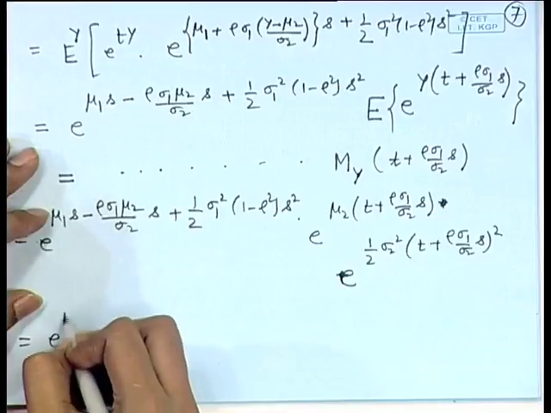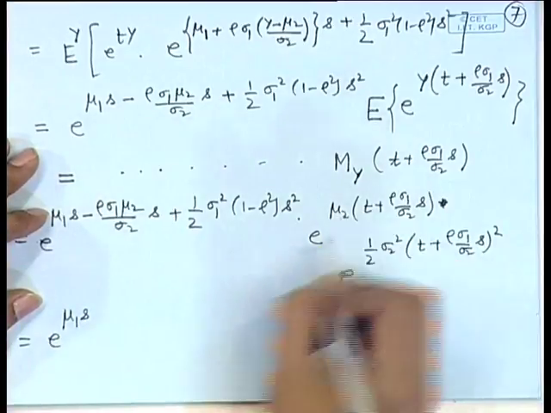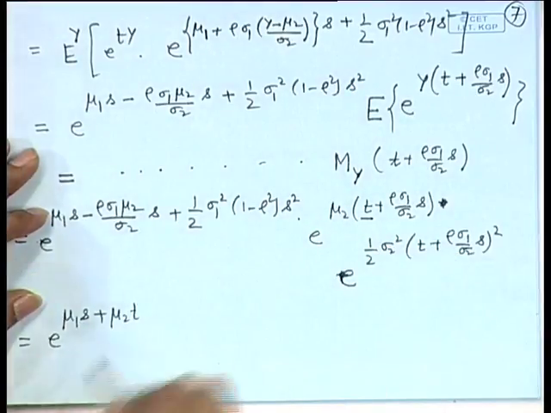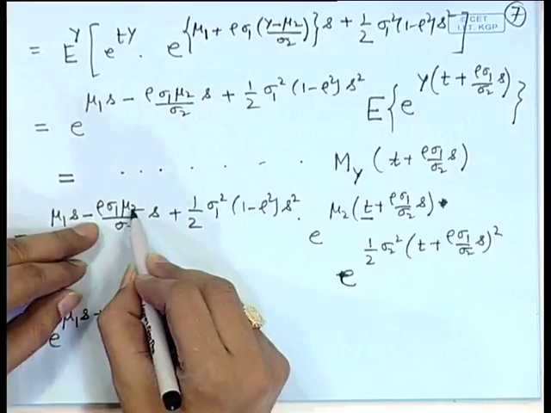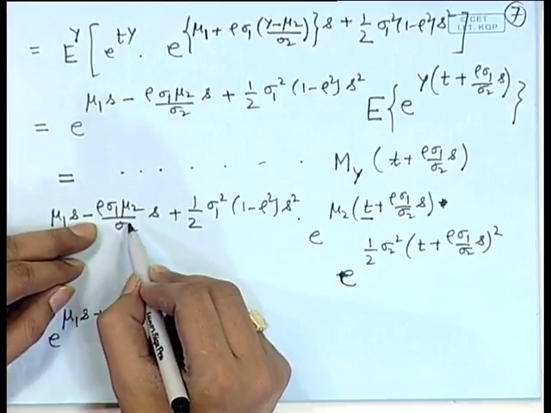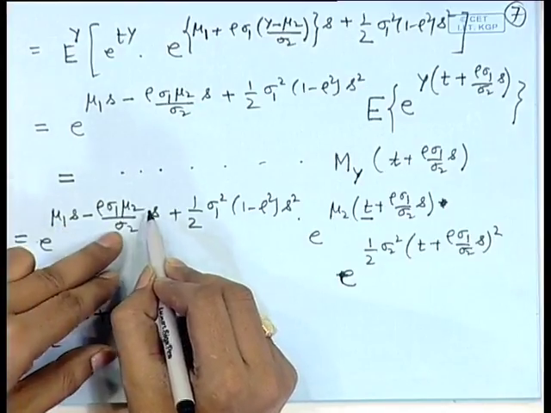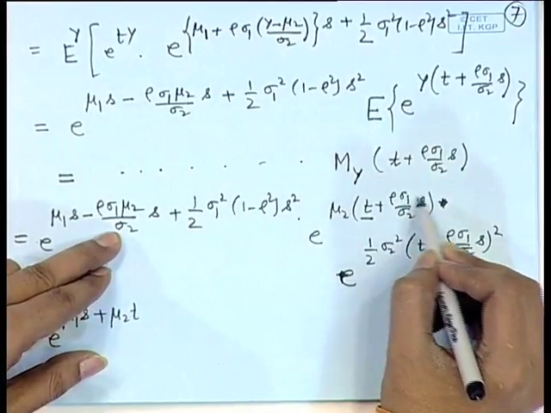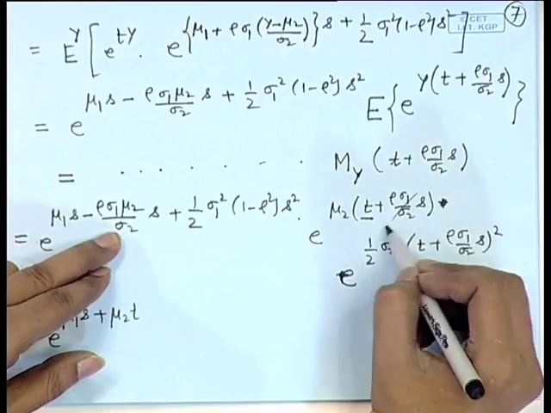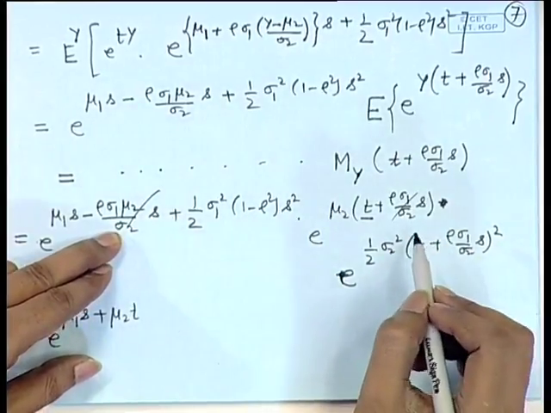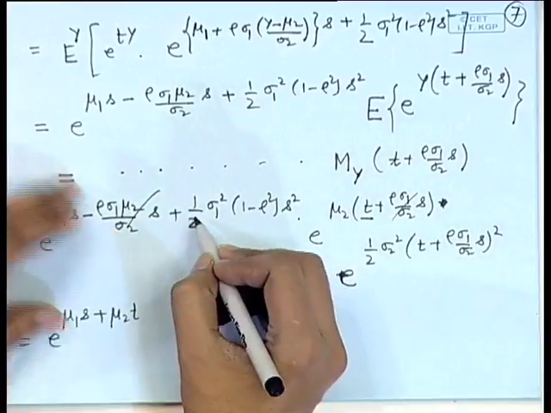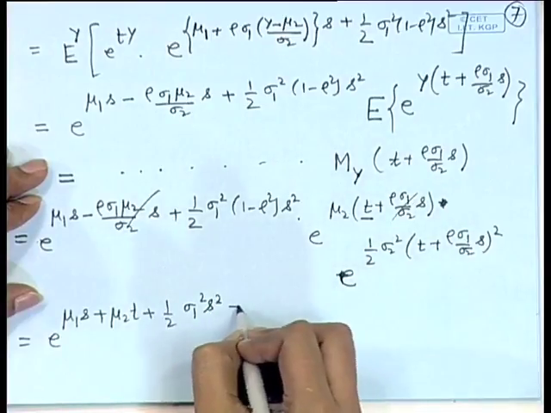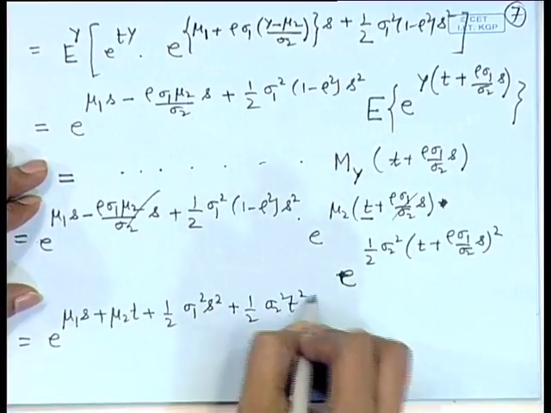So, we have e to the power mu 1 s plus mu 2 t, that is this term. Now, we note here minus rho sigma 1 by sigma 2 mu 2 s. This term is coming here also with a plus sign, plus rho sigma 1 by sigma 2 mu 2 s. So, this term gets cancelled with this term. Then we have half sigma 1 square s square and half sigma 2 square t square.